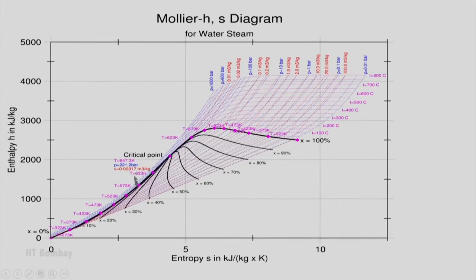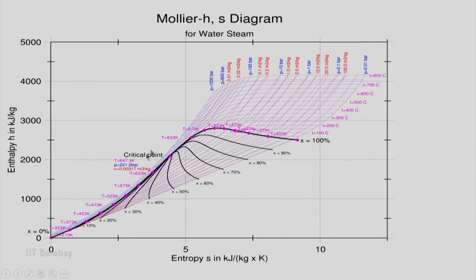So, let us look at this slide. What you see here is the actual Mollier chart, or Mollier diagram, or HS diagram. On the y axis we have enthalpy in kilojoule per kg, on the x axis we have entropy S in kilojoule per kg Kelvin.